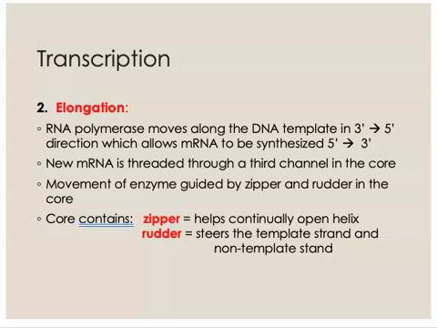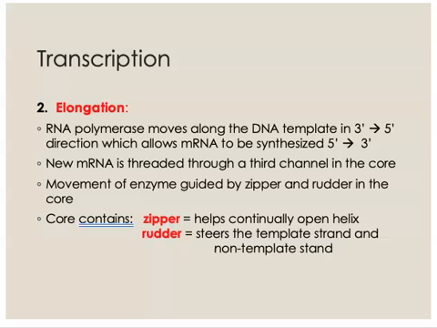So imagine that you're standing in a corridor and there's this structure that is jutting out from the wall into the space of the corridor. That's what the zipper and the rudder are. They are physical structures that are pushing out of the wall of these channels and into the space of the channels themselves. The zipper and the rudder are going to help guide this process as the core moves.